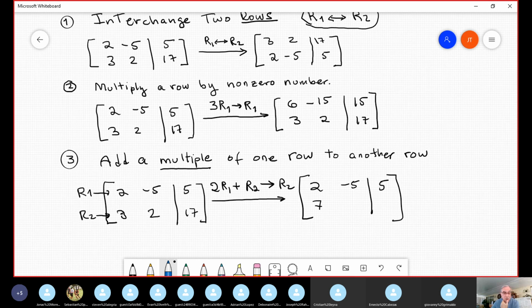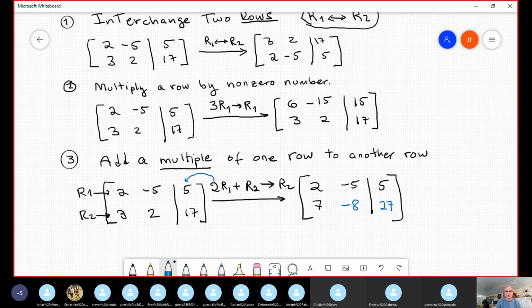Negative 10 plus 2 is negative 8. Do you understand where the negative 8 comes from? Repetition: 2 times negative 5 is negative 10, and negative 10 plus 2 is negative 8. The last one is 2 times 5 is 10. 10 plus 17, 27.